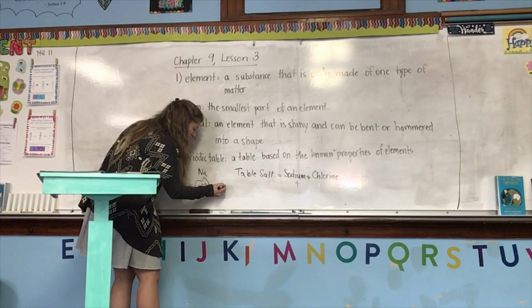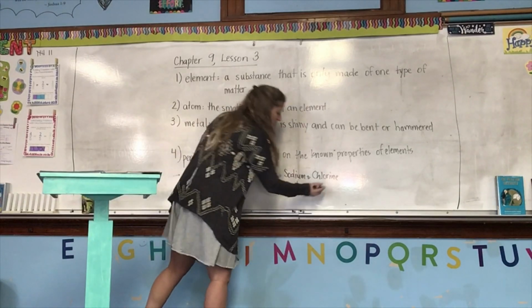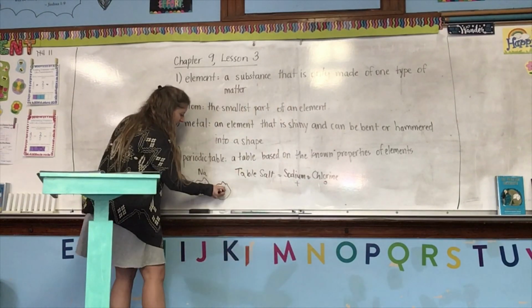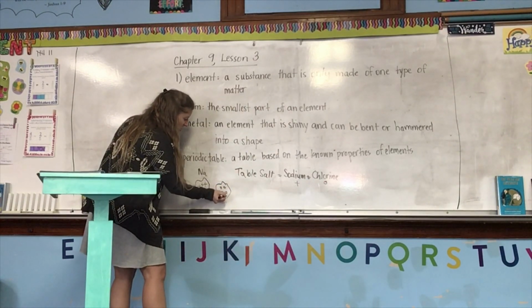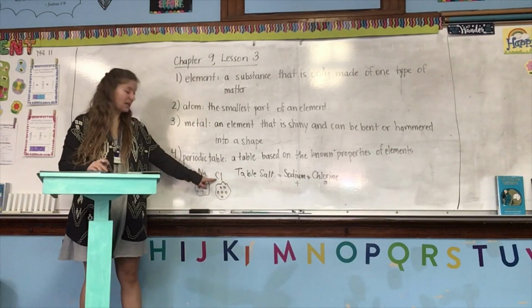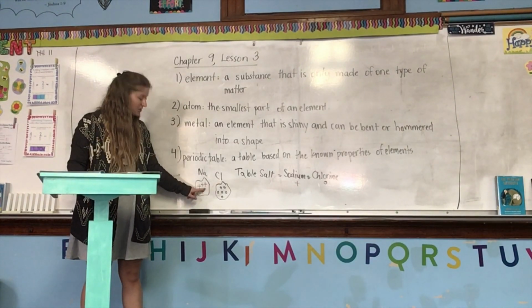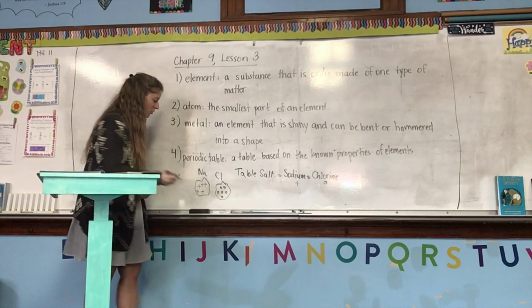And now if we have some chlorine, its particles, we'll do circles, look like this. So this is just chlorine. The symbol for chlorine is Cl. So we have some sodium and we have some chlorine.